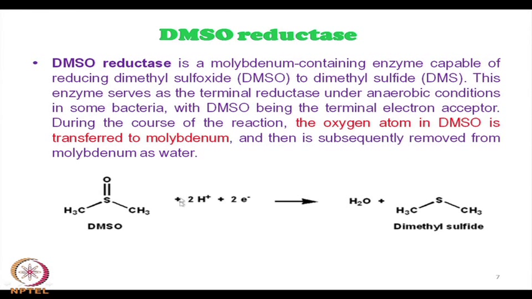What we have seen in the molybdenum active site of DMSO reductase is that it has no oxo or dioxo form. So, it will have a bigger affinity for attacking this oxygen and assimilating it as the molybdenum oxo or dioxo species.